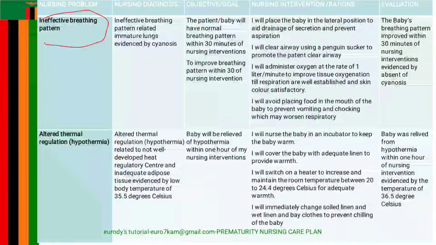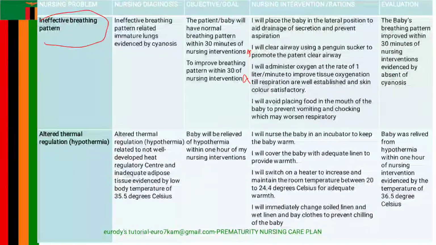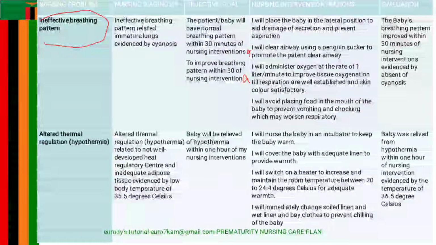Then you can, of course, phrase your objective or your goal depending on which English you feel comfortable with. So in terms of the objective, you can say to improve the breathing pattern within 30 minutes of nursing intervention. Or if you are using goals, you can say the baby will have normal breathing pattern within 30 minutes of nursing intervention. So whichever one is okay.